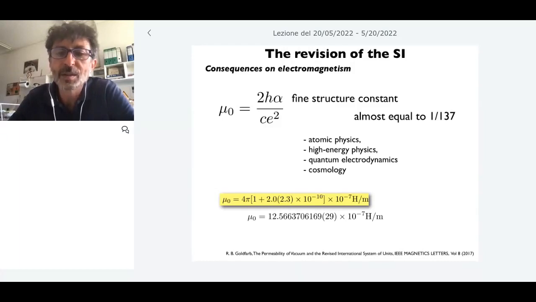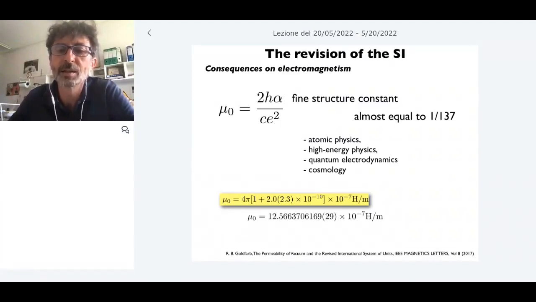But as this equation is valid, and as physicists working in high-energy physics are able to measure the fine structure constant with very high accuracy, it turns out that mu0 can be fixed by relating it to the fine structure constant.